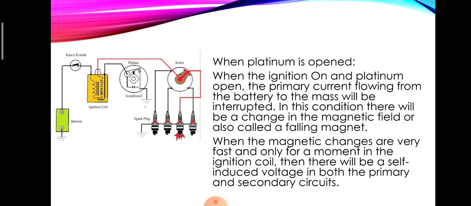When the magnetic change is very fast and only for a moment in the ignition coil, there will be a self-induced voltage in both the primary and secondary circuit.